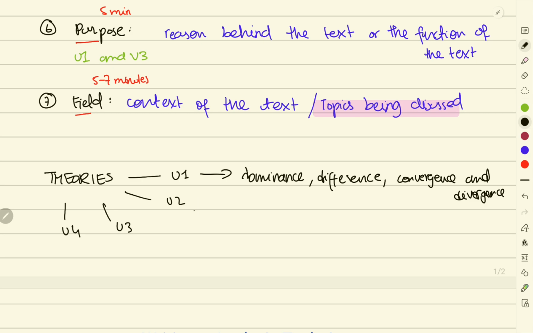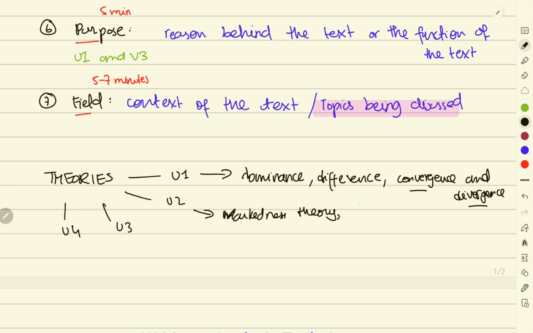For Unit 2, of course, you can write convergence and divergence. You can make reference to these, that works, but for example, I would do markedness theory. You can just look them up. We're running out of time, so I'm just going to write all the names that I can remember off the top of my head, then you can go and research them.